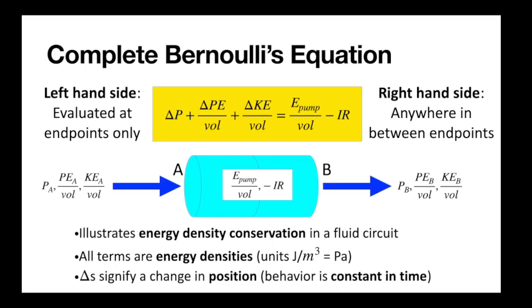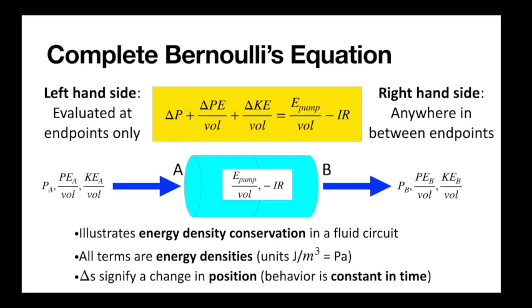The right side of the equation, E pump and minus IR, or resistance, or thermal dissipation, those are kind of like our external energy inputs, or things that take away from energy. Those are on the right side, and they only are important when they're in between our two endpoints. Right? You don't care about a pump at the endpoint or outside of it.